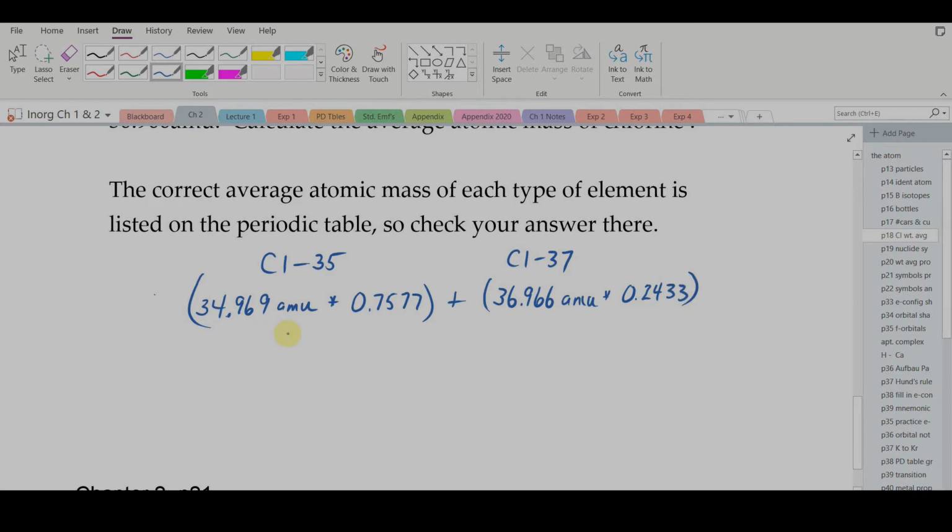So get out your calculator. That's 26.496 AMUs plus 8.957 AMUs for a total of 35.453 AMUs, or grams per mole, is the weight average atomic mass of chlorine as it is naturally occurring.